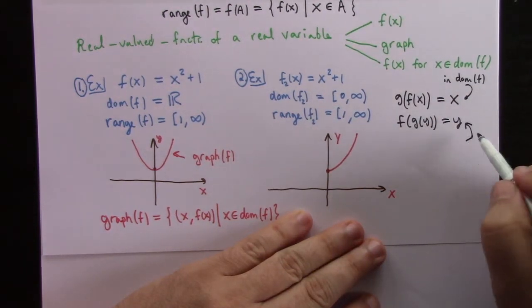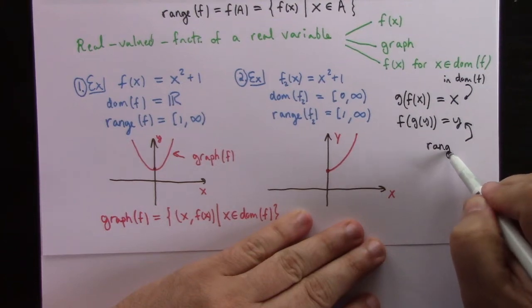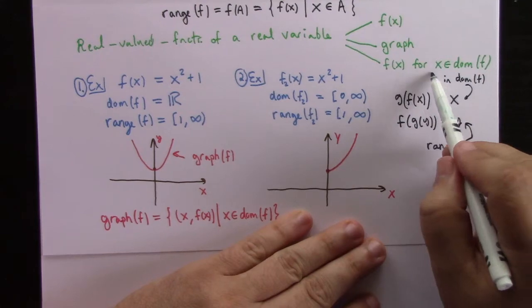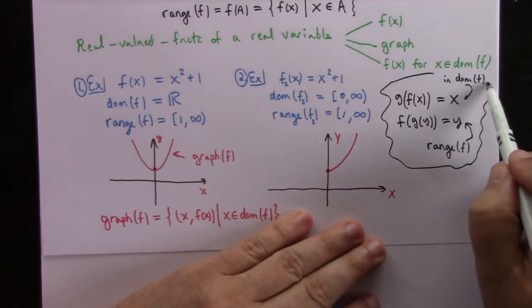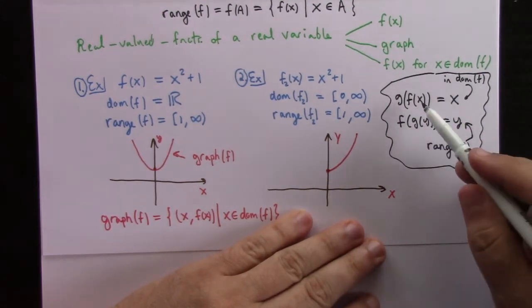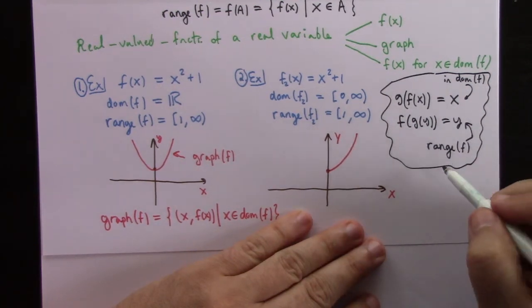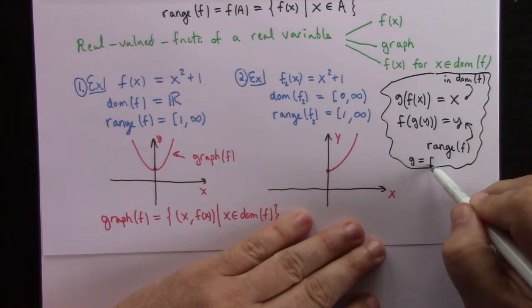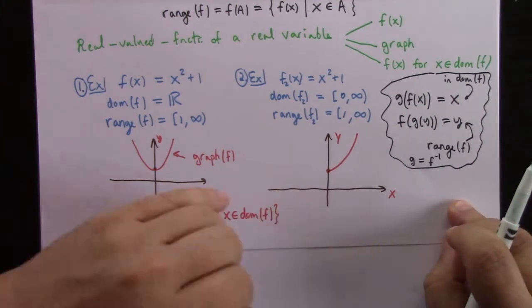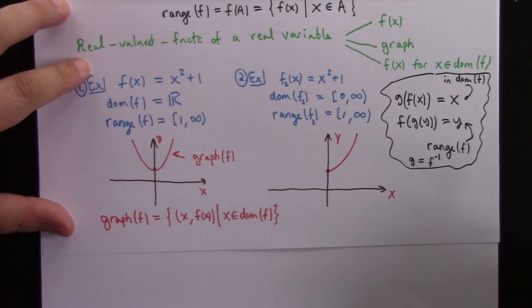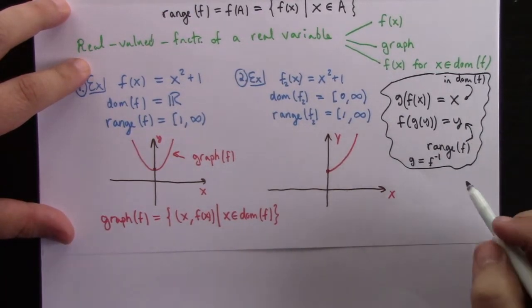Well, the y's are in the range of f. If you have this situation, then this function g is related to f. It's said to be the inverse function of f. We usually write g is equal to f inverse. That's the inverse function. So one of these functions has an inverse function, one of them doesn't. Now, a way to find the inverse function is pretty simple.